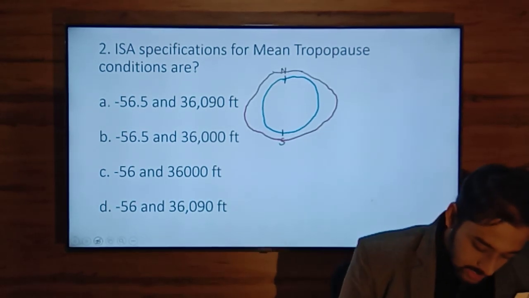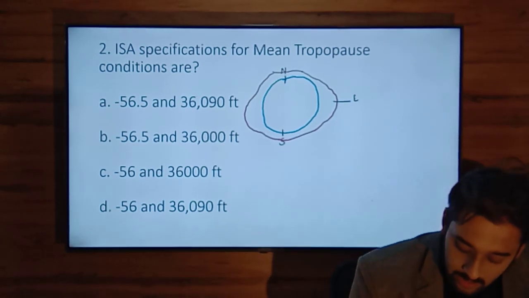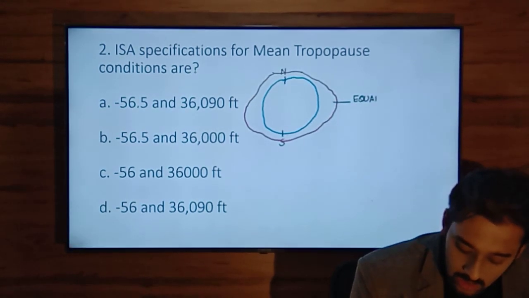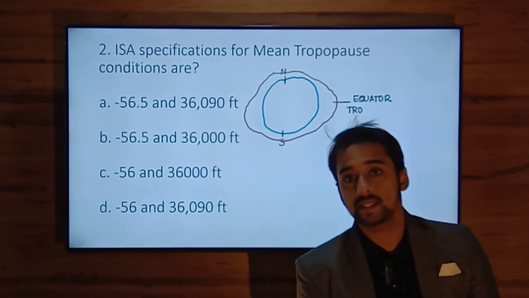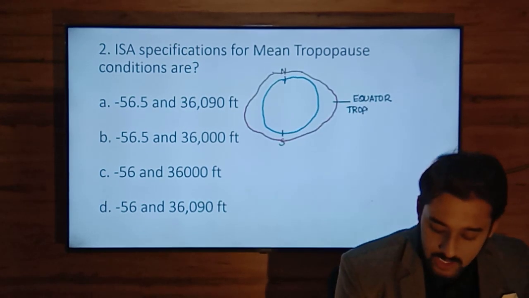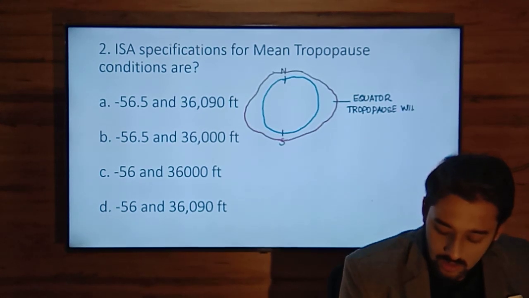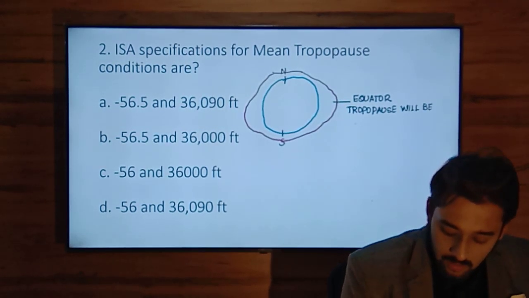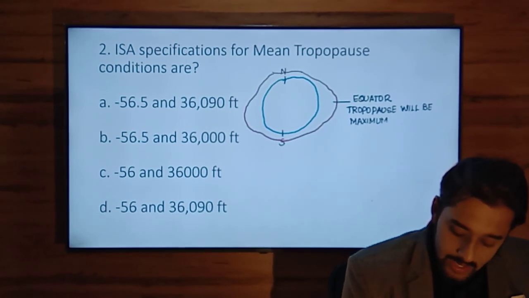So at the equator, the tropopause, which is the maximum height or the last limit of the troposphere in the atmosphere, is called tropopause. So over here the tropopause will be at its maximum height.